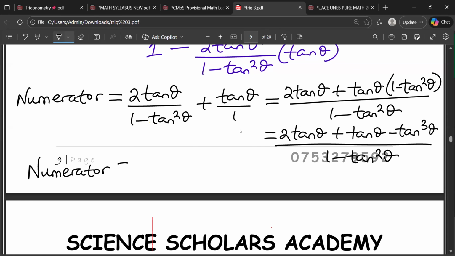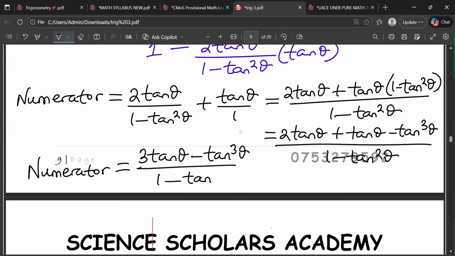Then the numerator, I think you can see we are coming up with 3 tan theta minus the cubed part, like that. Then out of the 1 minus, I don't know if we are together there.